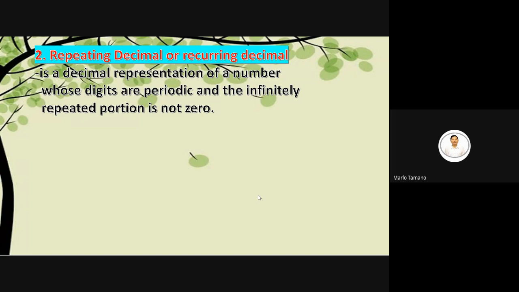So, remember that the repeated portion or repeated number cannot be zero. It can be 1, 2, 3, 4, 5 as the repeated numbers or digits. For example, we have here 0.7777. Okay, the 7 has no end, and that is 0.7 repeating.